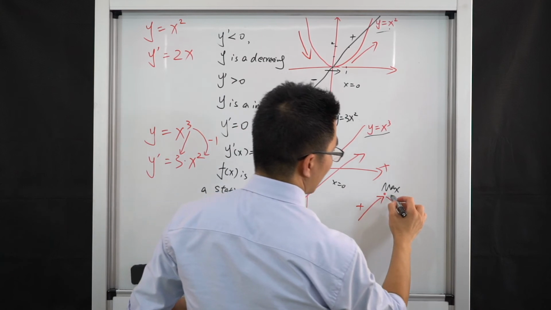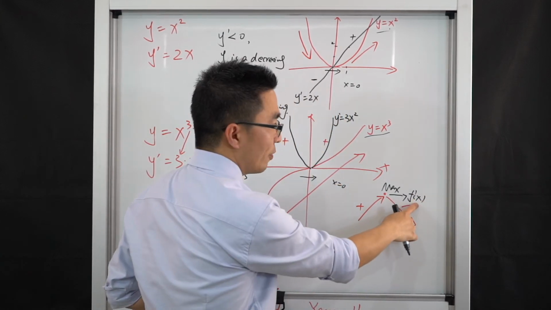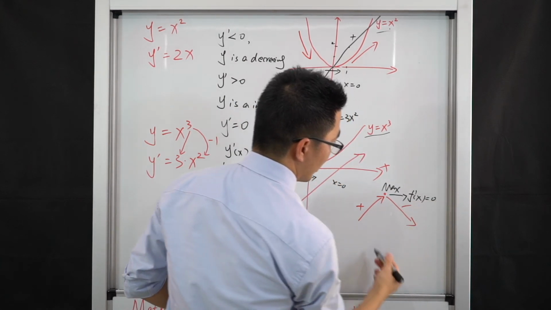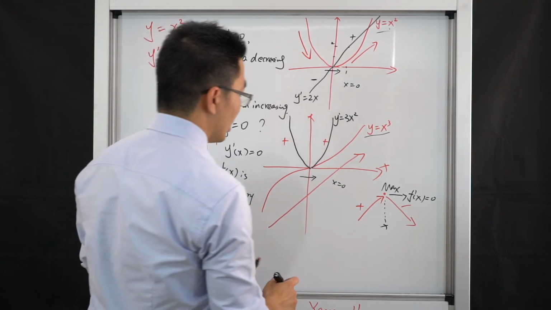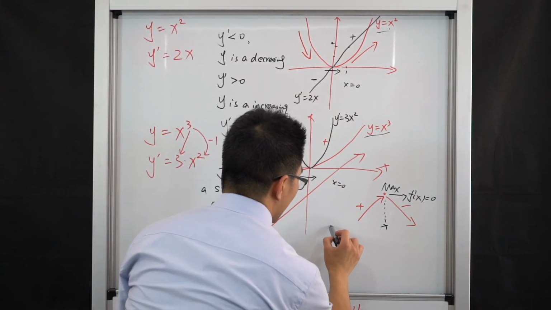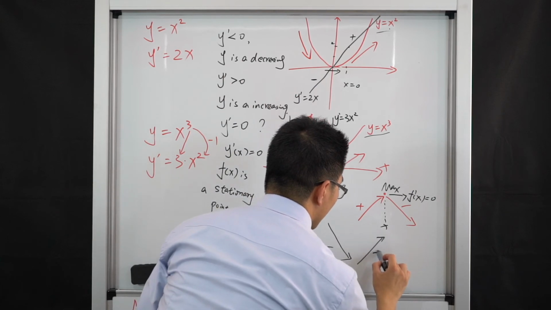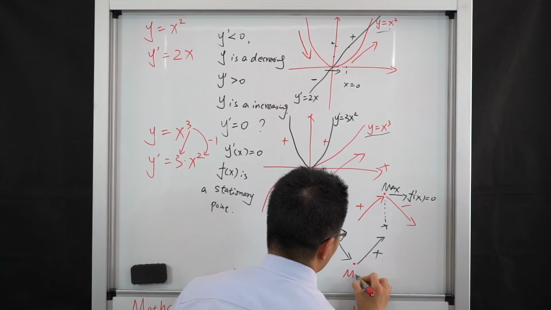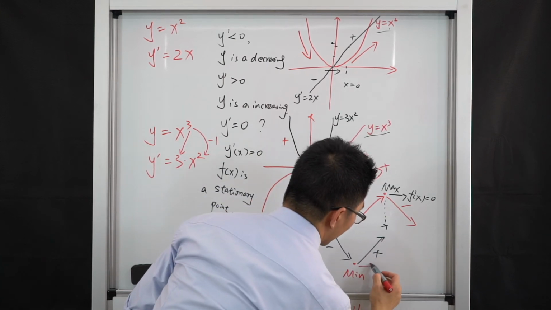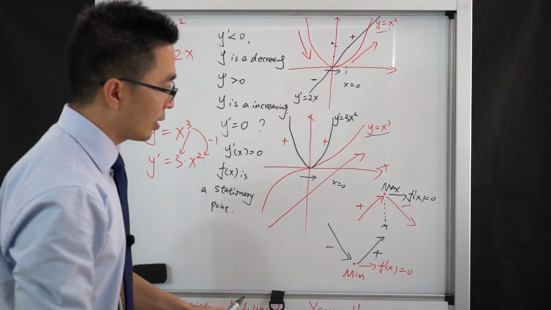At this point, its derivative would be equal to 0, at this x. Okay? Another situation is, the function is decreasing over here and then increasing over here. Then we can find a minimum over here. At this point, the derivative is also equal to 0.